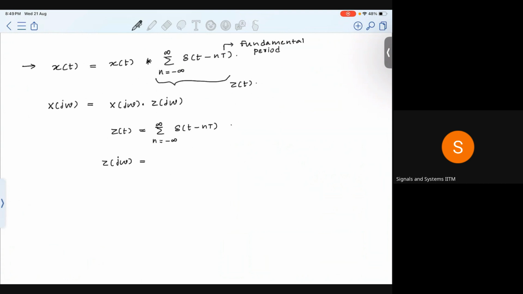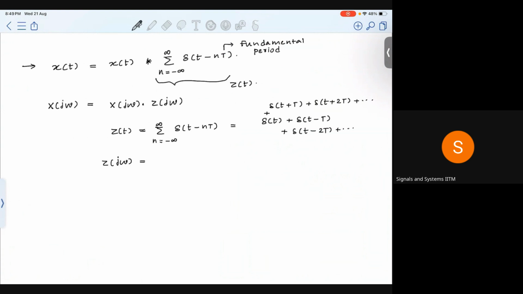Basically, this can be represented as del of t plus del of t minus T plus del of t minus 2T and so on, plus del of t plus T plus del of t plus 2T and so on.